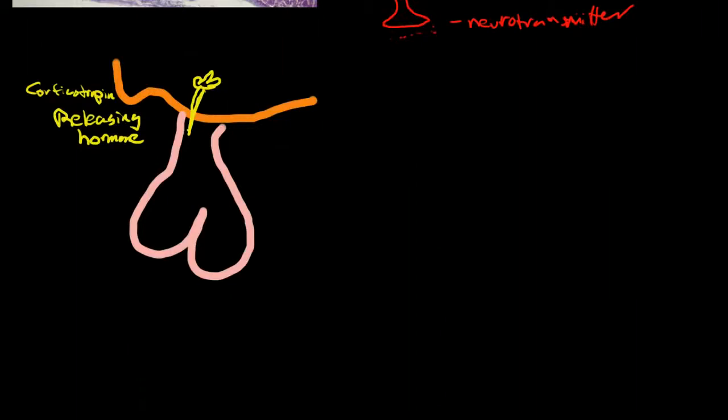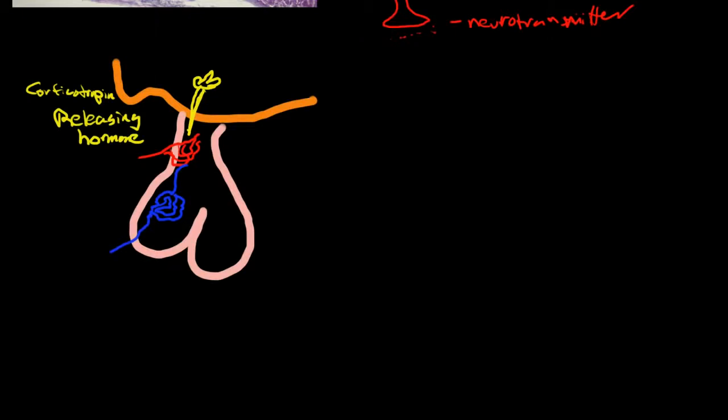And it's going to release it into this little capillary bed here. The capillary bed is going to narrow down into the portal vein, and then it's going to open back up into a second capillary bed, which is going to narrow down into another vein and go back into systemic circulation.